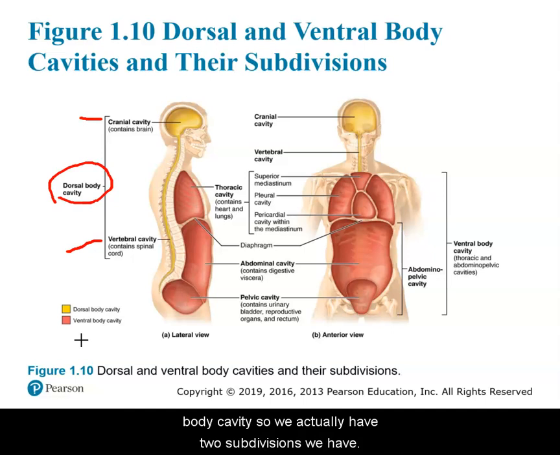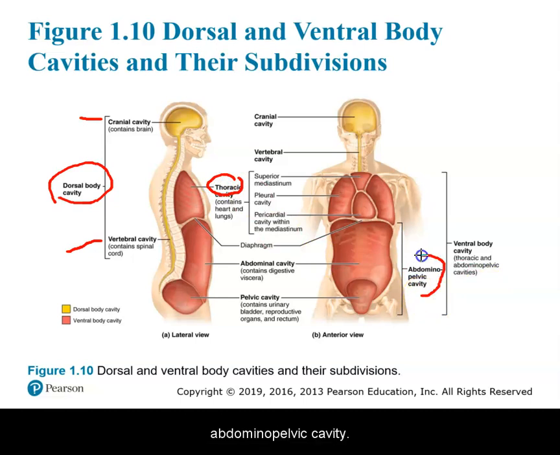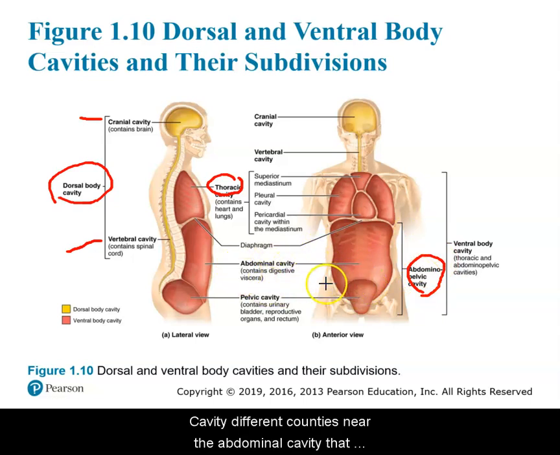We actually have two subdivisions. We have the thoracic cavity here, containing the heart and lungs, and we have the abdominopelvic cavity here, made up of two different cavities. We have the abdominal cavity that contains digestive organs.